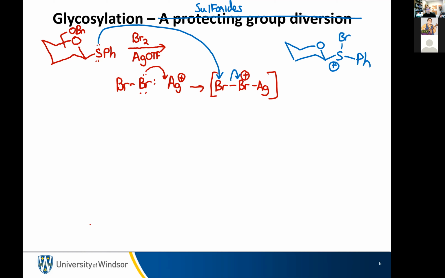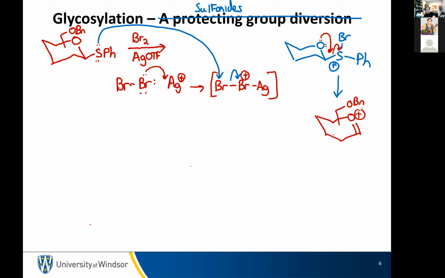So we can make something like this. Now we're basically back where we were with the iodine, except we have bromine, iodine, bromine, same diff. Oxocarbenium.